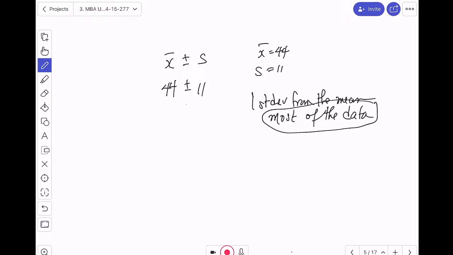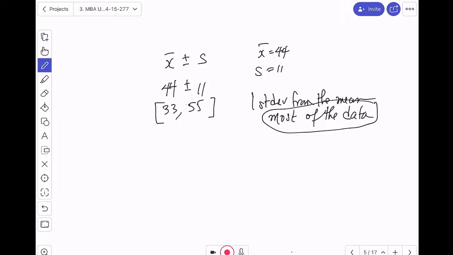Makes more sense now. It still should be most of the data. So the range will be between 33 and 55. Now let's go count.